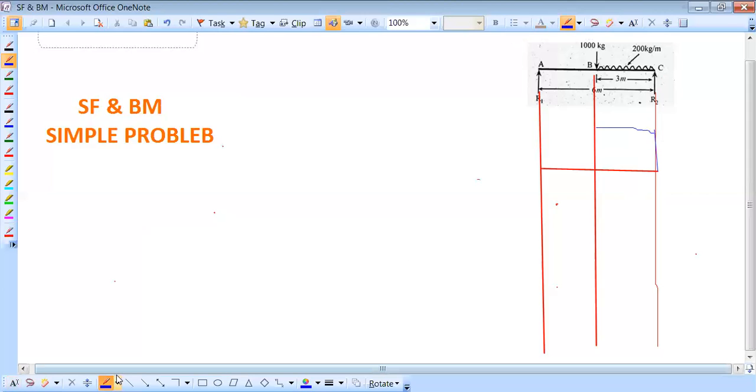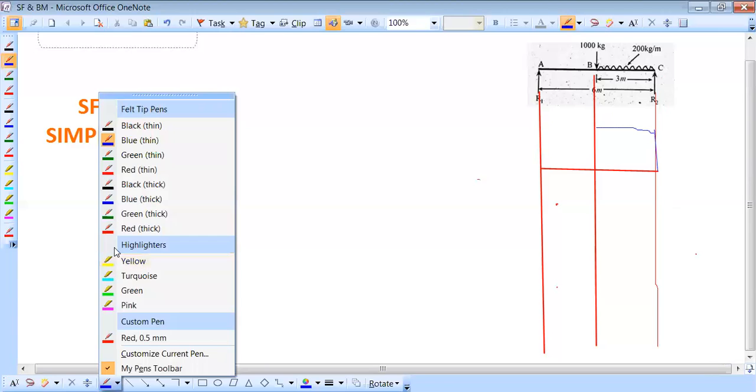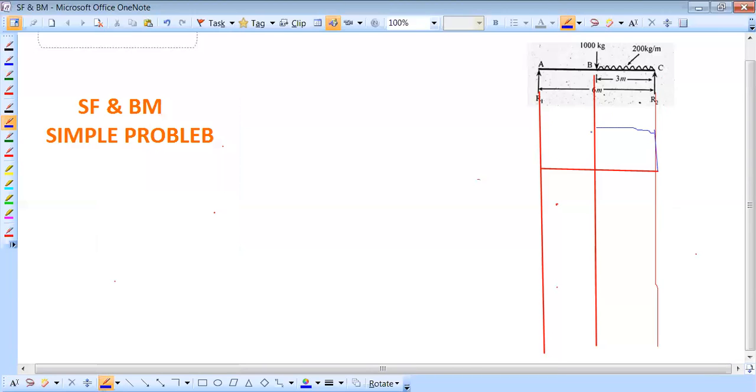Here, just before B, and another load at B is equal to how much we have already found: minus 650. So minus 650 means this portion is in the downward direction.